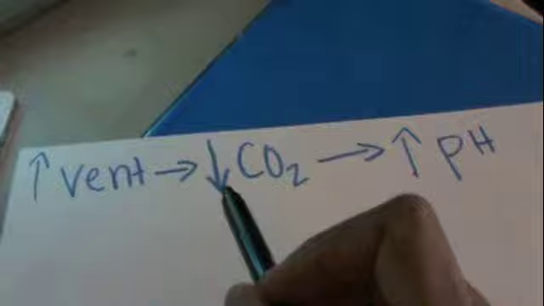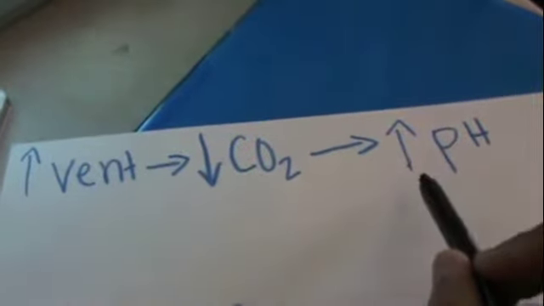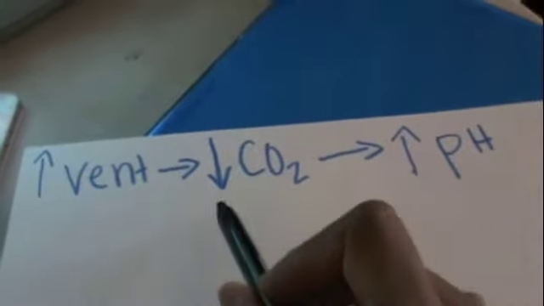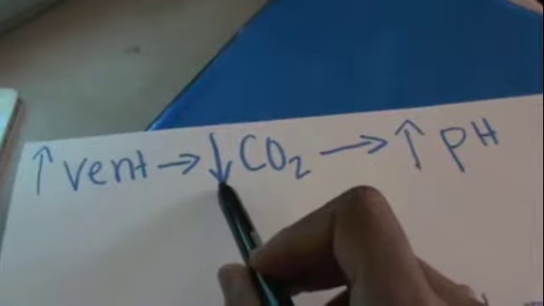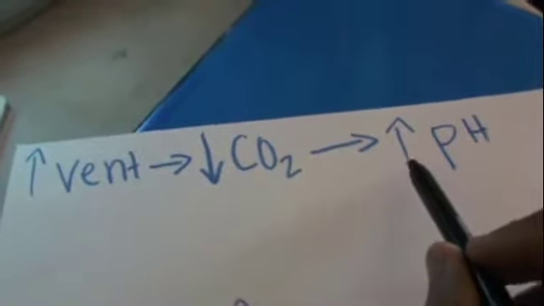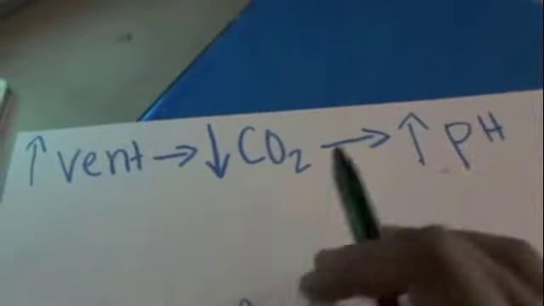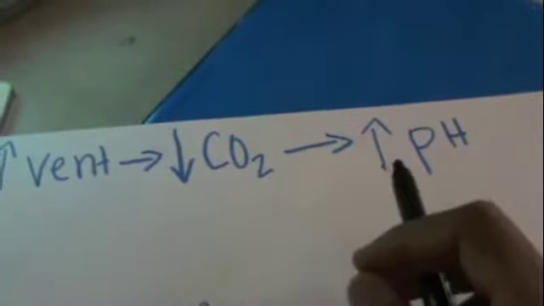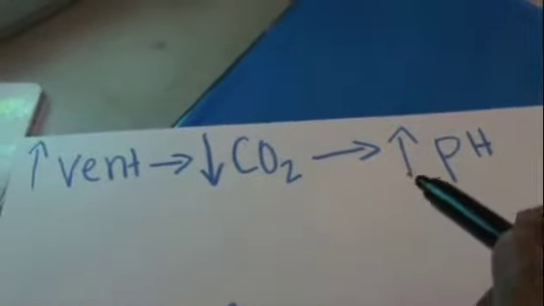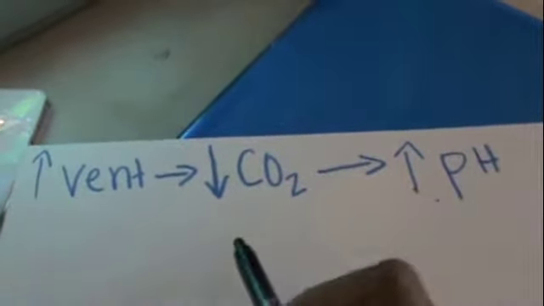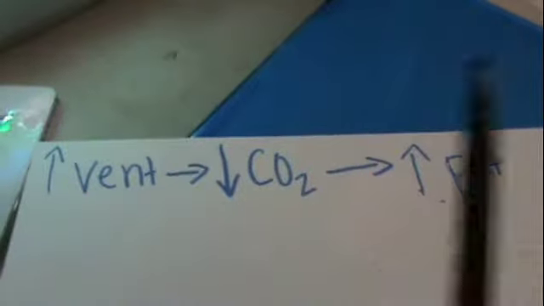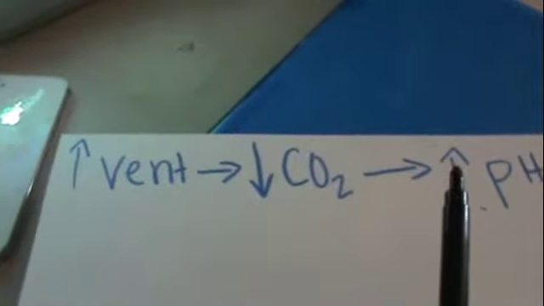CO2 is going down this time, and pH is going up. If they are pointing in different directions, it is automatically a respiratory problem. You know it's respiratory if CO2 and pH are pointing in different directions.